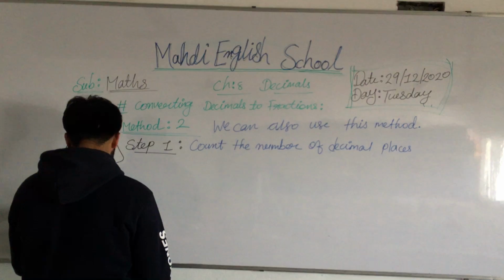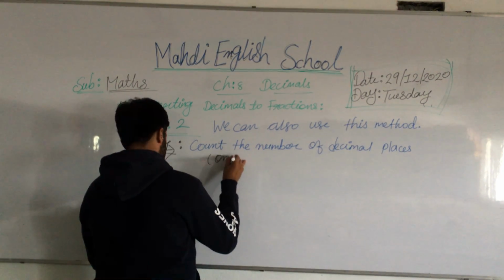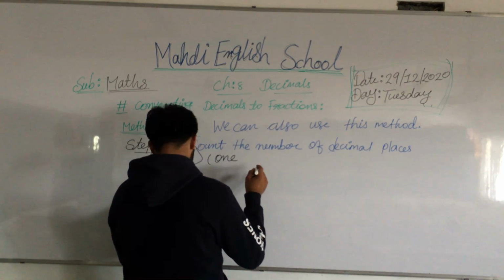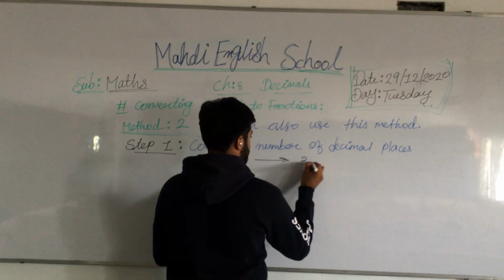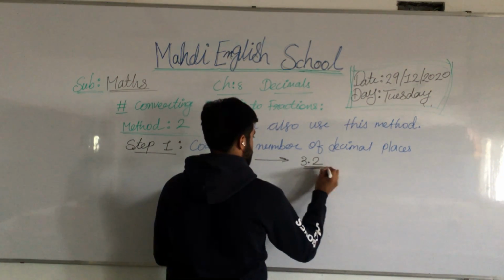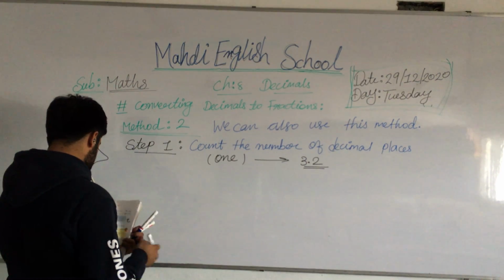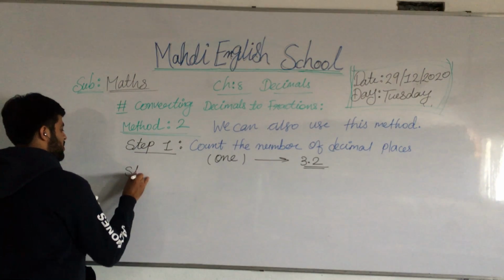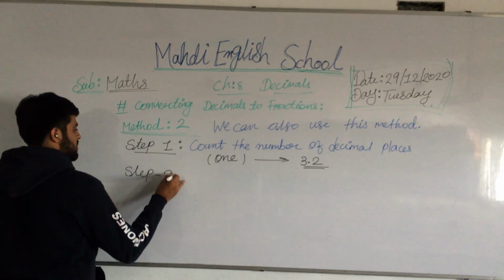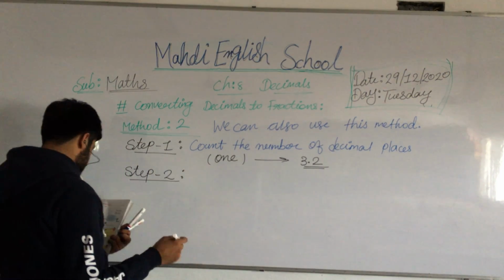Here is an example: 3.2. Count the number of decimal places. Now, second step, we will move on to the second step. After completing, my dear students, I will explain all things again.